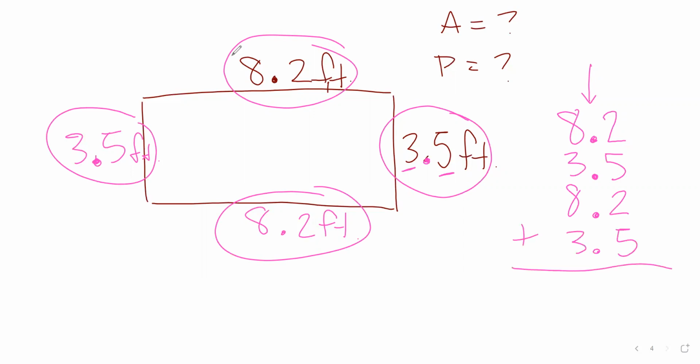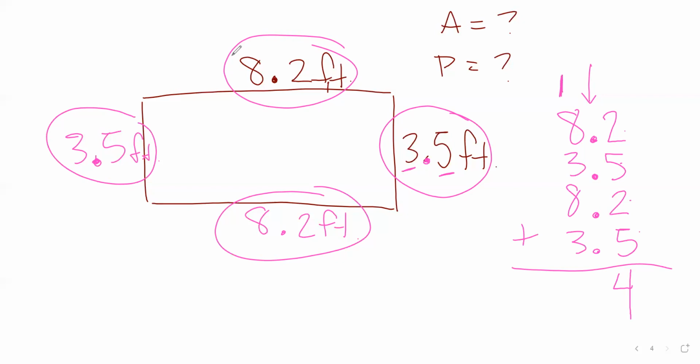And now we can add these things together. So I'm going to start in my tenths. And I have 5 plus 2 is 7, plus 2 more is 9, plus 5 more is 14, which means I have a 4 in the tenths place and 1 whole being carried over into the ones place.